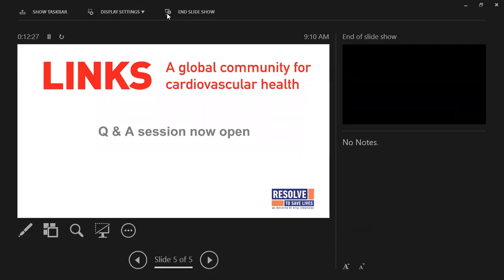Generally, we follow the elements of the SHAKE package, which is the technical package for salt reduction through the WHO. And those elements are surveillance, harnessing industry to promote reformulation of foods, adopting standards for labeling and marketing, knowledge, which would include communications campaigns, media campaigns, et cetera, and environment, so changes to the environment to promote less salt.